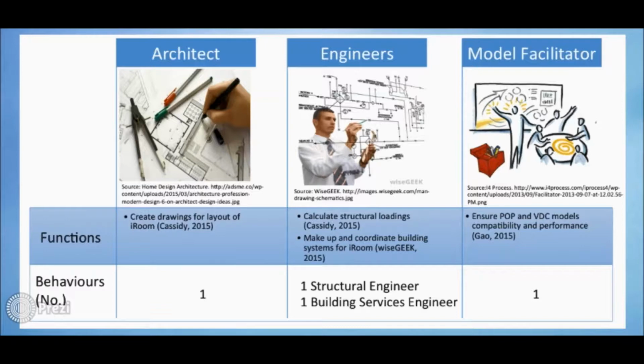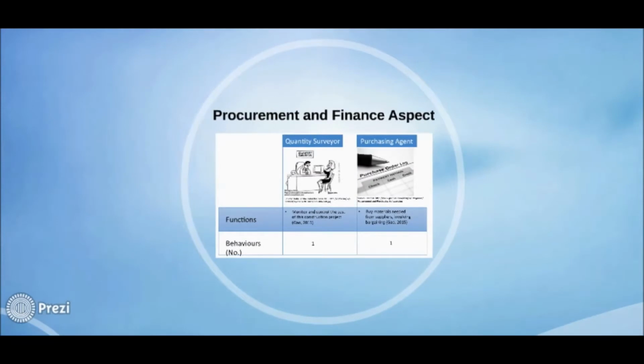For the behaviors of engineers, we need 1 structural engineer and 1 building services engineer. The function of the model facilitator is to ensure the POP and VDC models' compatibility and performance. The behavior of the model facilitator is 1.